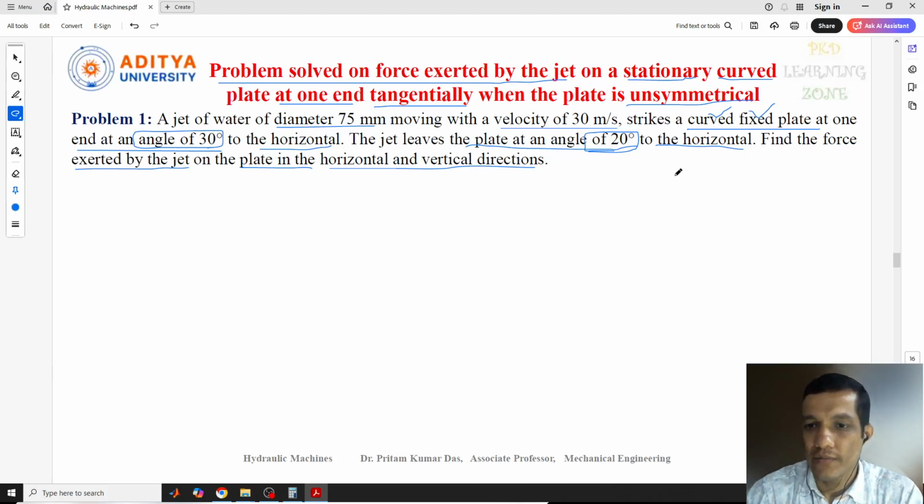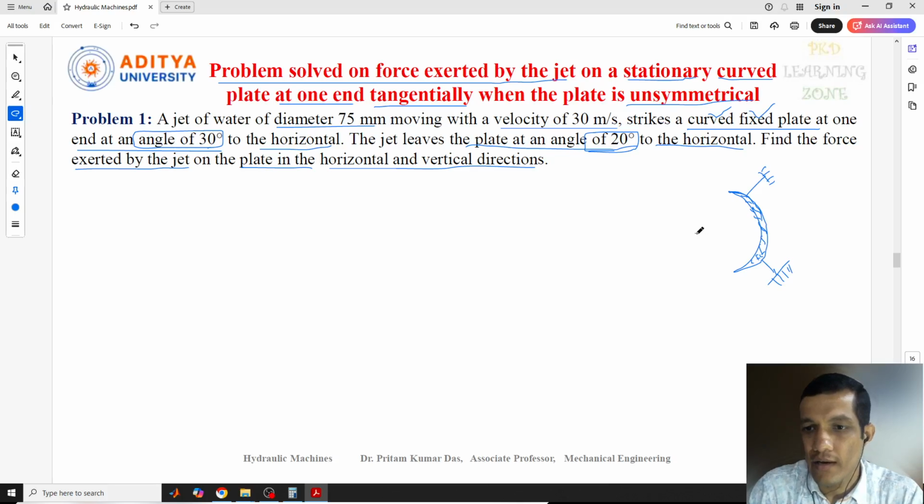Let me first draw a diagram so that we can understand. Suppose this is a plate, a fixed plate, and the plate is fixed by hinges on two sides. You can see these hinges are fixing the plate, and the jet of water is striking here.